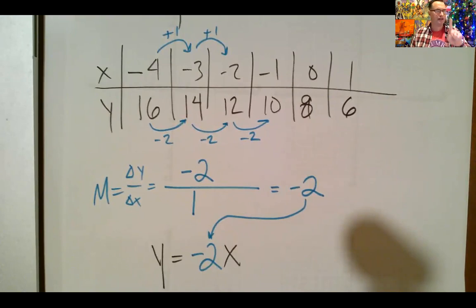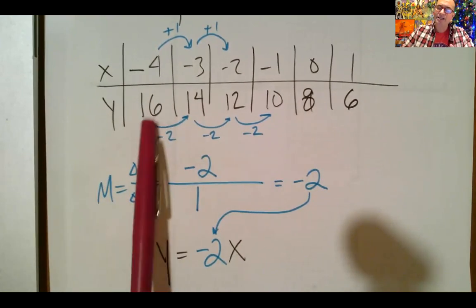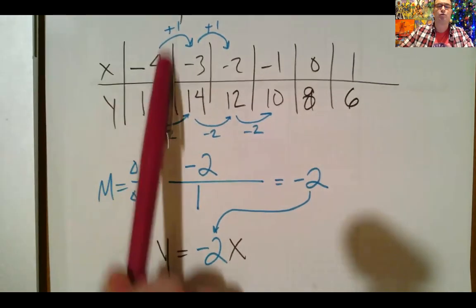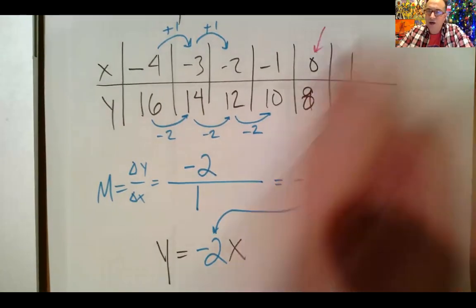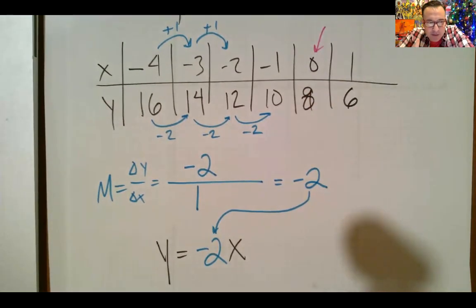The person who answered privately is real close. What we have to think about is this. When I say my 0 term, I don't necessarily mean the first value I started with here. What I actually mean is the term I get when 0 is the x. That's the part that's important.